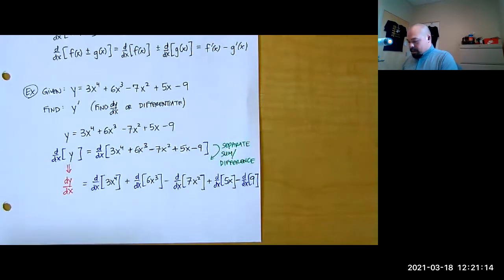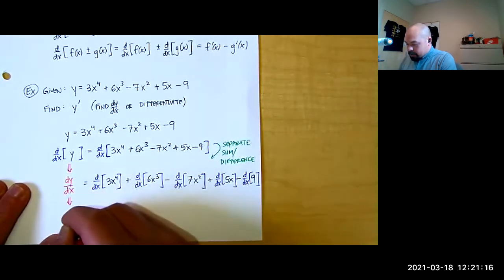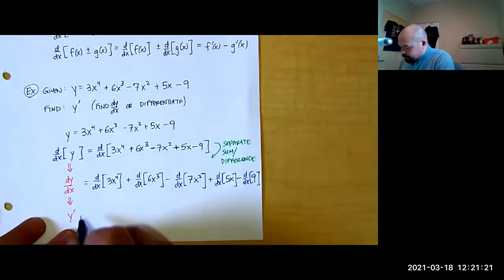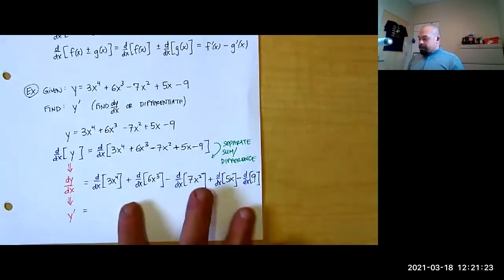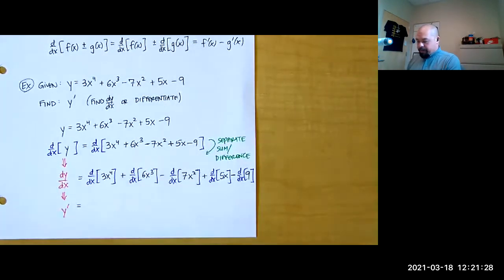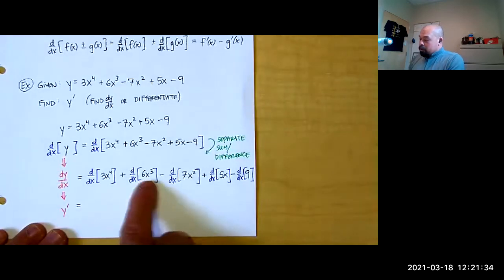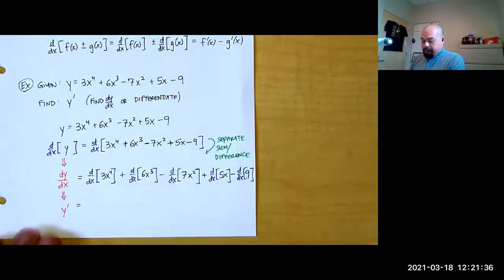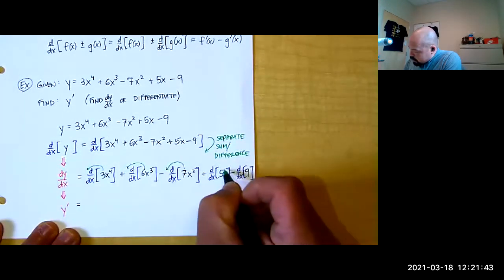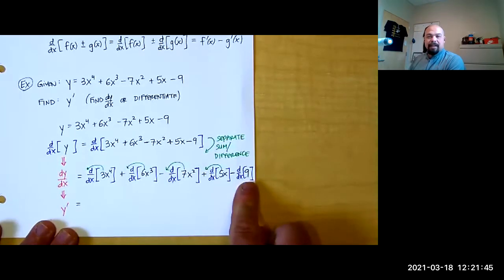Now, this dy dx or y prime, either one of those notations is perfectly acceptable. Now we have coefficients, so all those constants, those coefficients can come out front. That constant I'll leave alone, since it's not attached to an x.